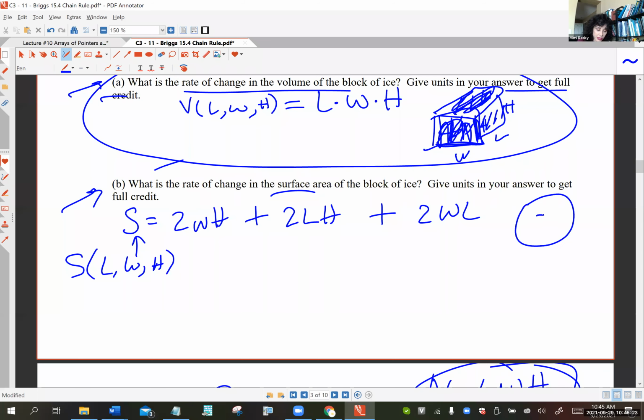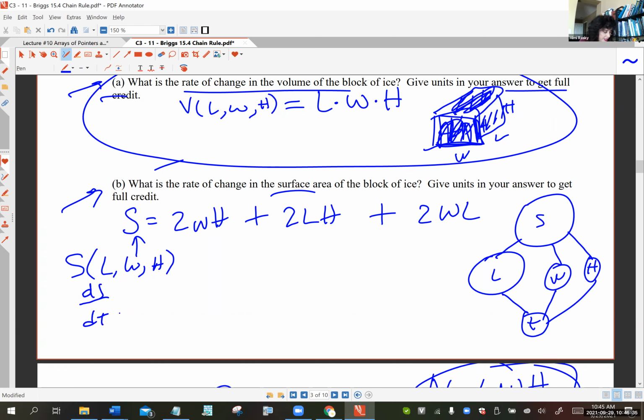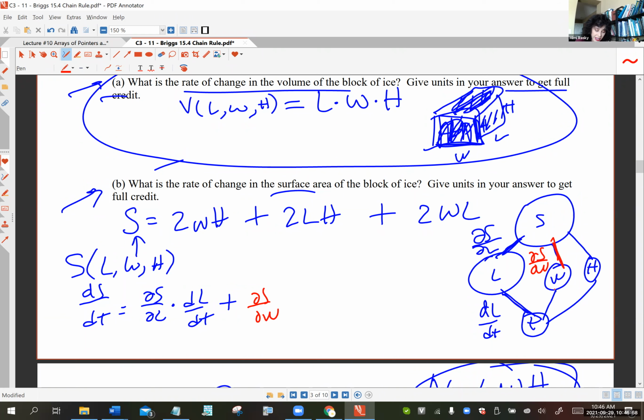So if we do the tree diagram again, your ds dt is going to be the partial of S, the surface area, with respect to L, and multiply that by dL dt, plus go down another branch, take the partial of S with respect to W. This is going to be a little bit harder than part A. Then multiply that by the derivative dW dt.